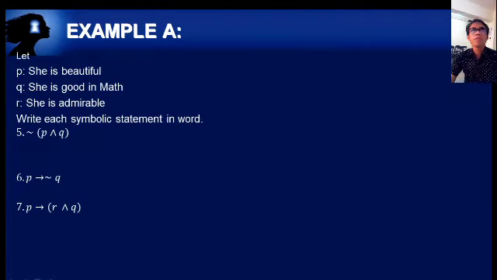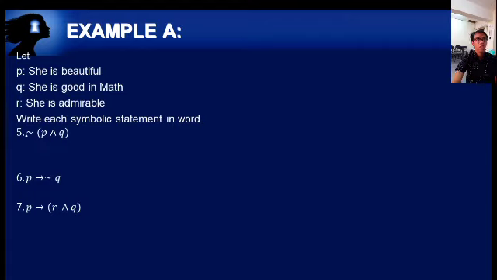Okay, so in number 5, we have the negation of P and Q. So we are now to write each symbolic statement in words, with the same set of propositions.